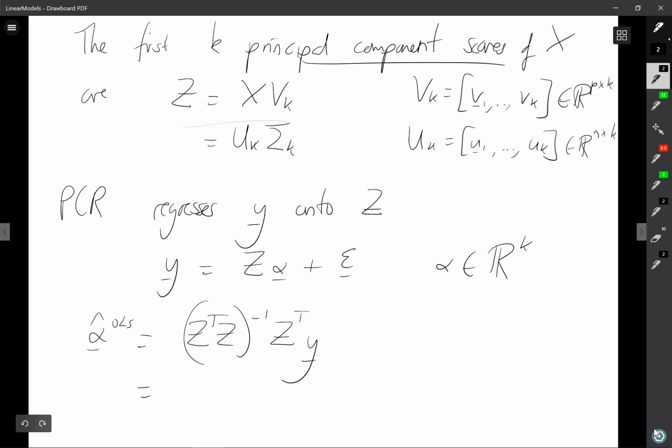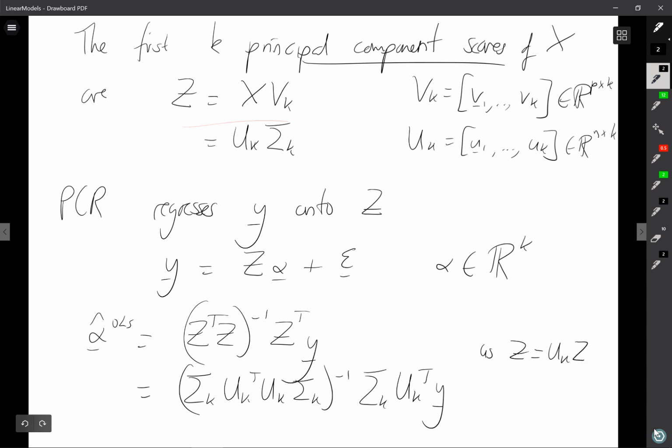That's going to give us (Sigma_k U_k transposed U_k Sigma_k) inverse Sigma_k U_k transposed y, as z is U_k Sigma_k.